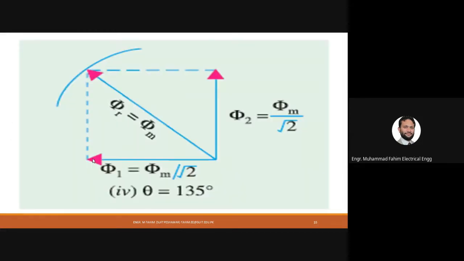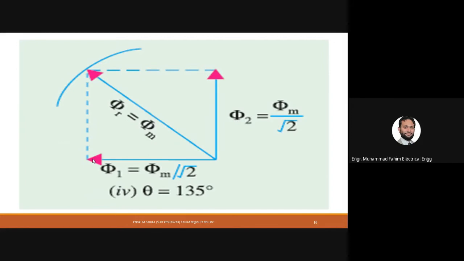So look at over here, phi 2 is equal to phi max by under root 2, phi 1 is equal to phi max divided by under root 2.